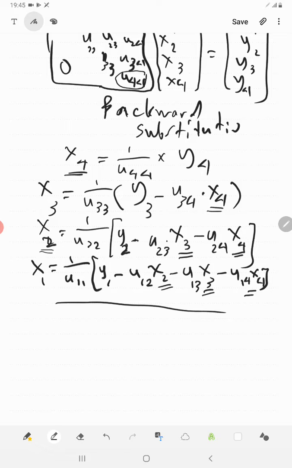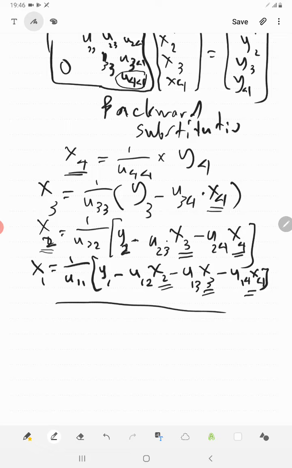And once we know these Y's, we go to the upper triangular matrix and do the process again to determine the X value. First, it's backward substitution. First, we determine X4, and then from X4 we determine X3, and then X2, and then X1.